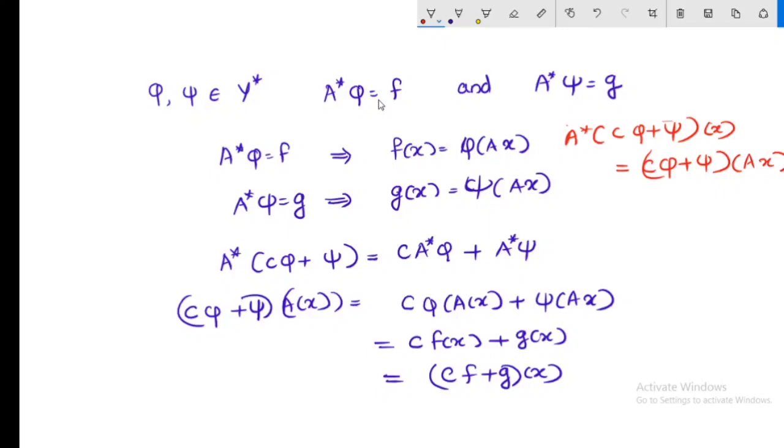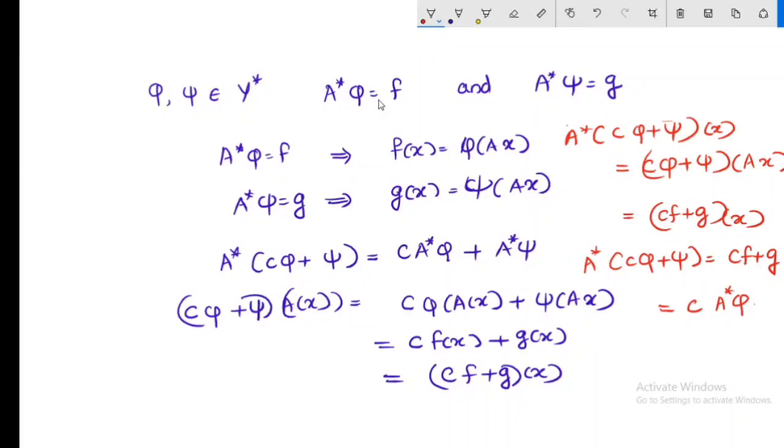From this we get this is equal to cf plus g of x, that is A star of c phi plus psi is equal to cf plus g, and this is equal to c times f, which is A star phi, plus g, which is A star psi.